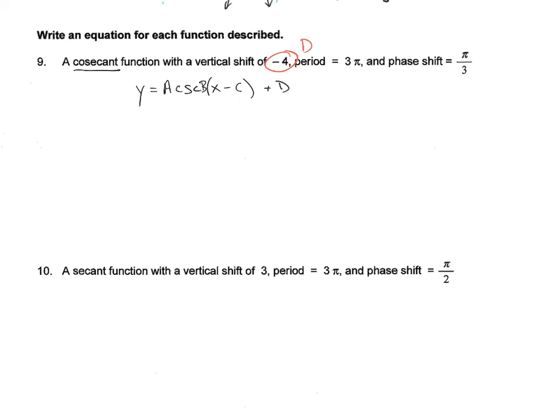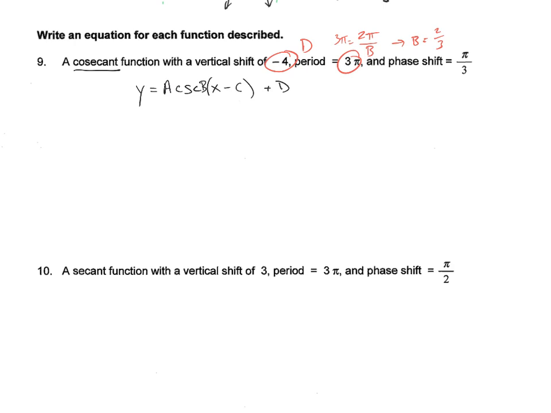Our period is 3 pi, so that's going to be 2 pi over B. When we do our algebra to get back to B, if 3 pi equals 2 pi over B, then B must equal 2/3.